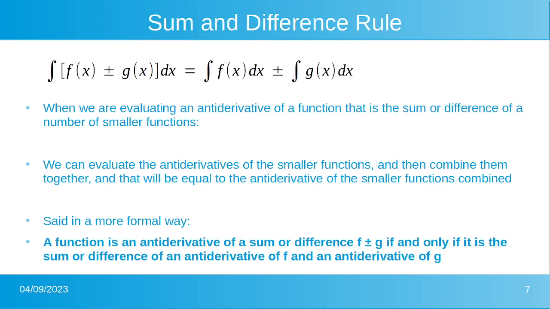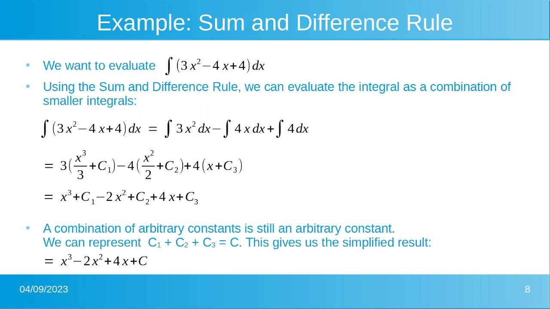To say that in a more formal way, a function is an antiderivative of a sum or difference f plus or minus g if and only if it's the sum or difference of an antiderivative of f and an antiderivative of g. To understand this a bit more, we're going to see an example now.